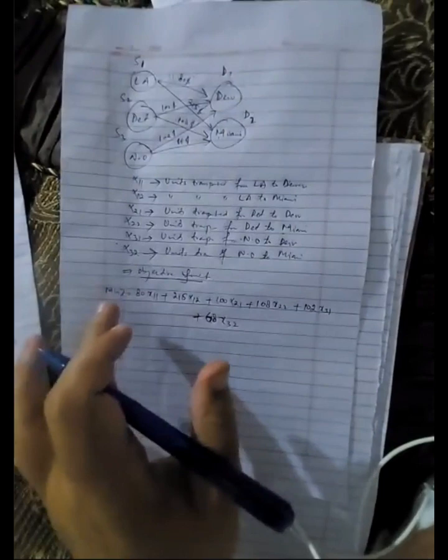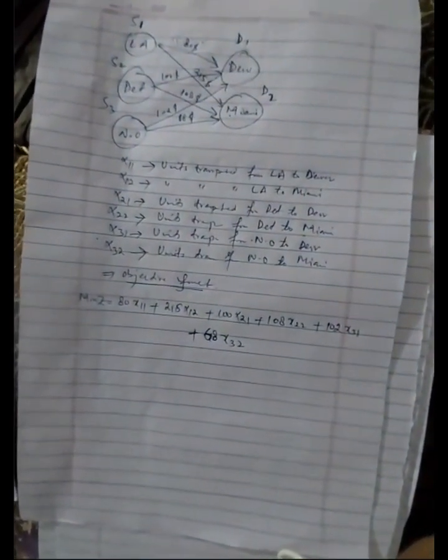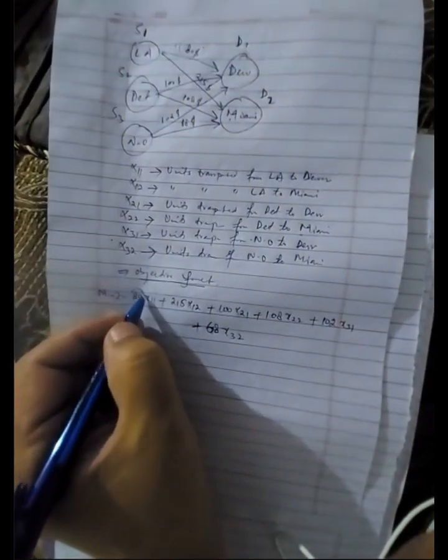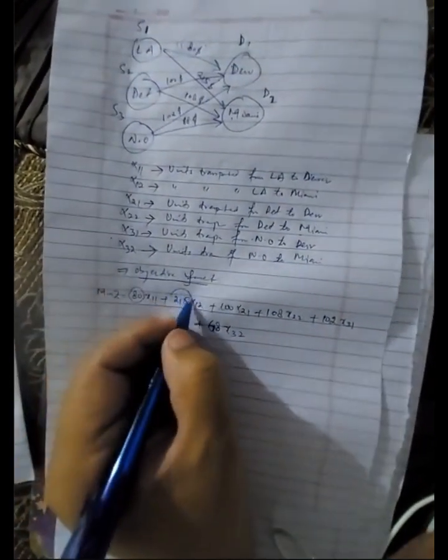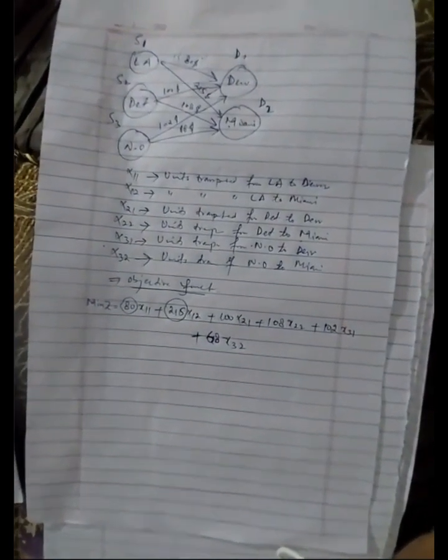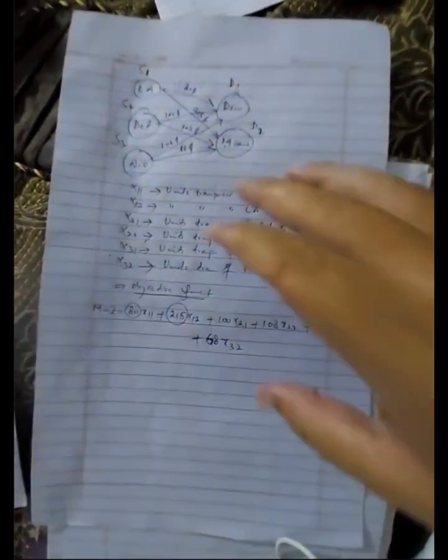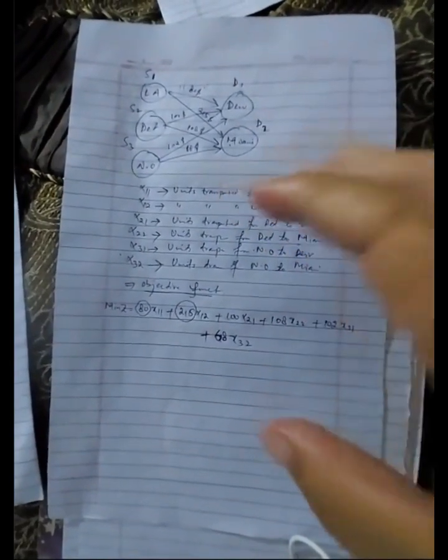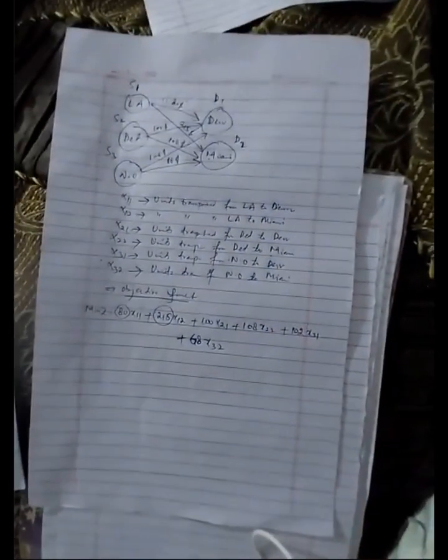So this is the objective function that we need to minimize, and these are respective costs from each source to each destination.